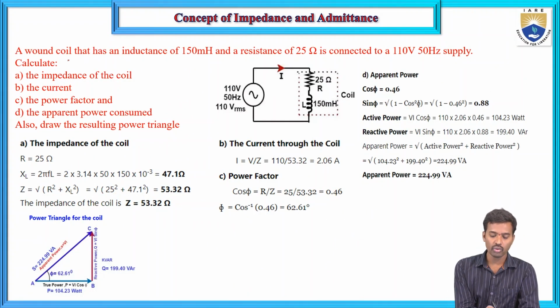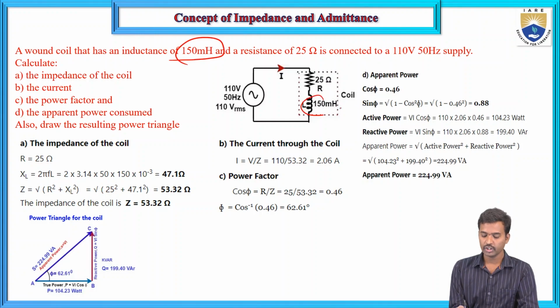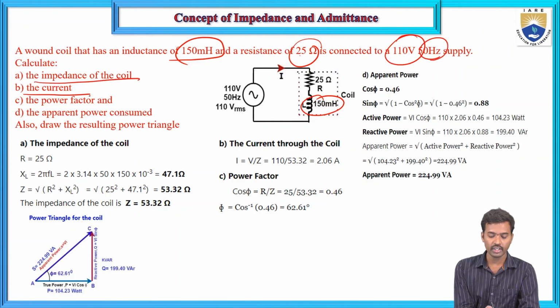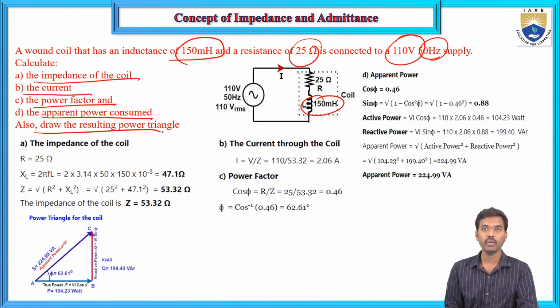Now, a wound coil has an inductance of 150 millihenries, resistance of 25 ohms, and a 110 volts, 50 Hz supply. Calculate the impedance of the coil, current, power factor, apparent power, and draw the resulting power triangle.